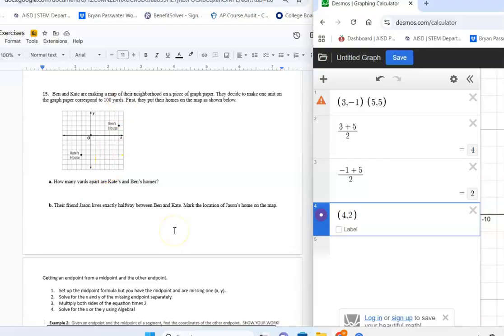This is a word problem about the exact same thing. It's asking what would be the midpoint between these two houses?